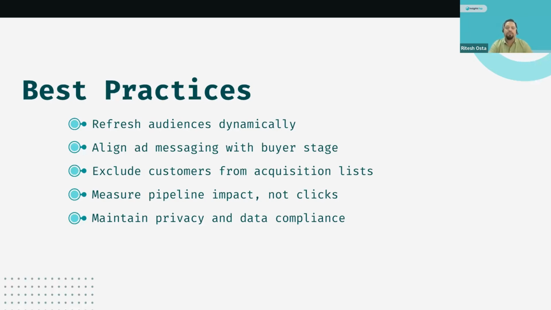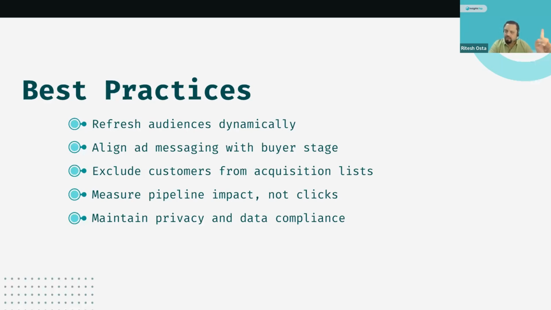Okay, exclude customers from the acquisition list. Very important. If you're talking to an existing customer and constantly showing them ads, that may annoy them. So you've got to limit your ads to existing customers. Just exclude them as much as possible. Measure pipeline impact and not clicks.